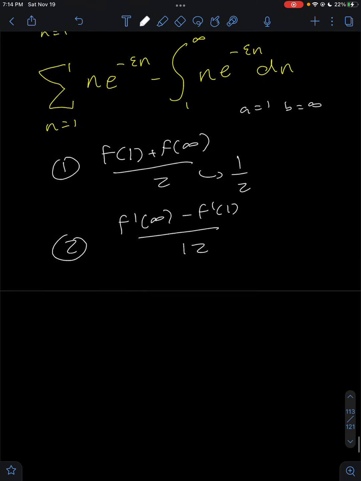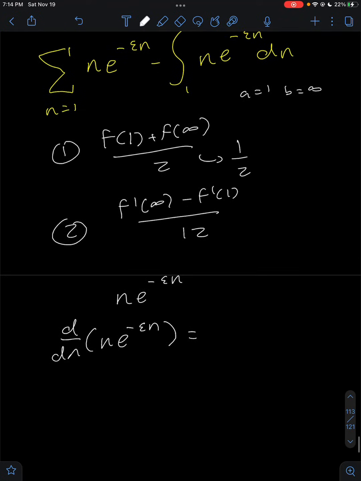Well, f of n is n e to the minus epsilon n, and d over dn of that is just the product rule. That's going to give us e to the minus epsilon n, and then minus epsilon n e to the minus epsilon n. There's no n squared, just n.